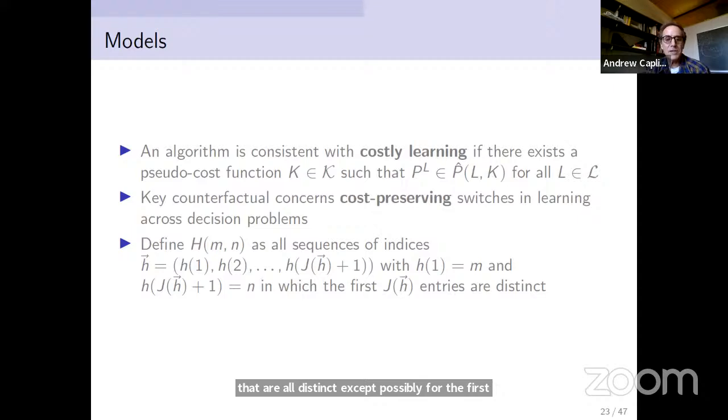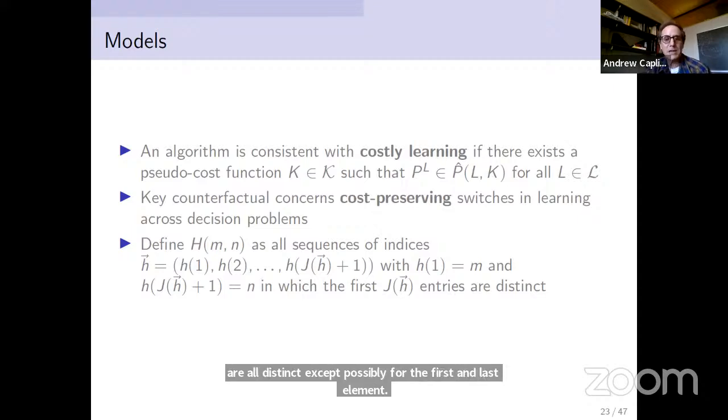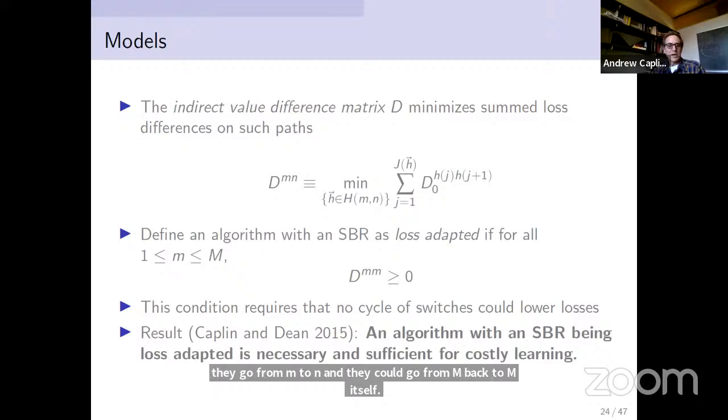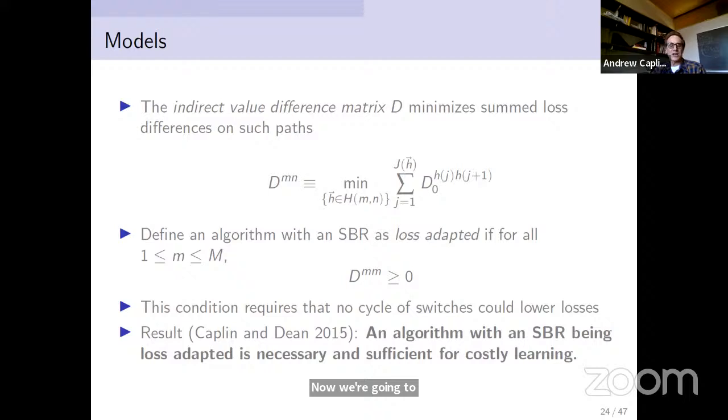And they go from M to N, and they could go from M back to M itself. Now we're going to think about shifting learning in a cycle. In each case, we may end up in some switch lowering losses, but in the next one, maybe we raise it more.